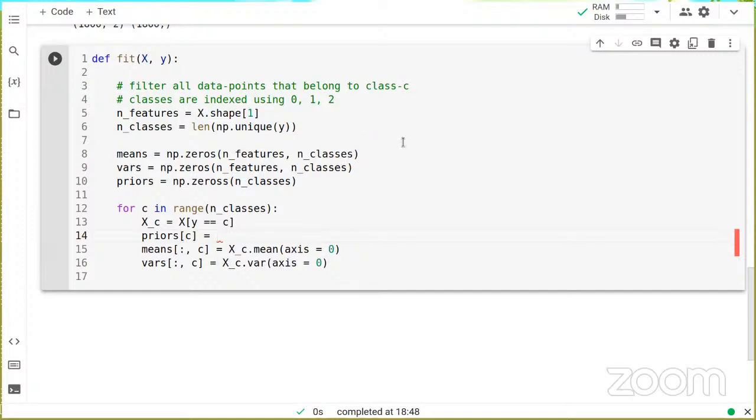So your line 10 is zeros. Okay, priors of C, class C. What is the prior for class C? How do I estimate that? Count of C by total number.